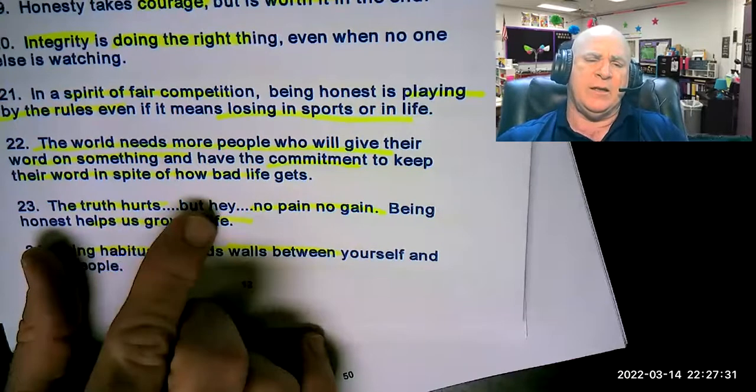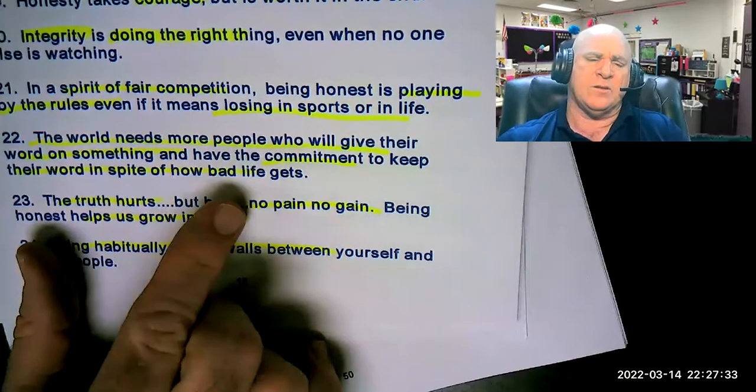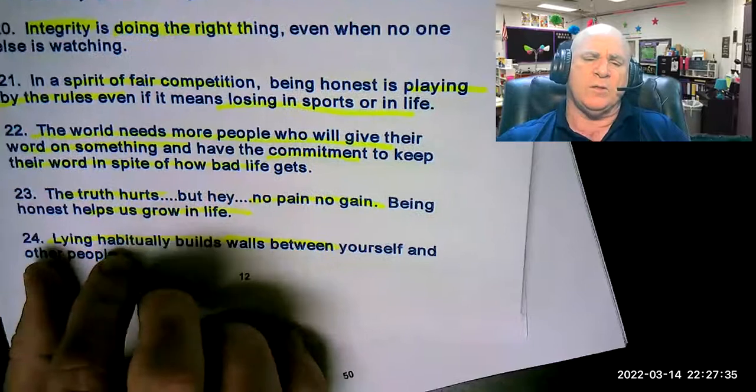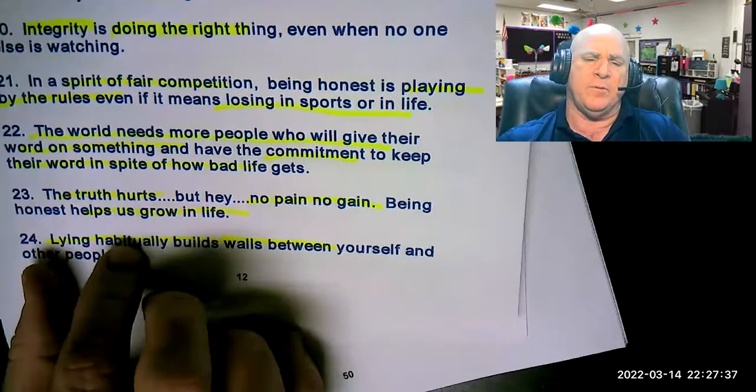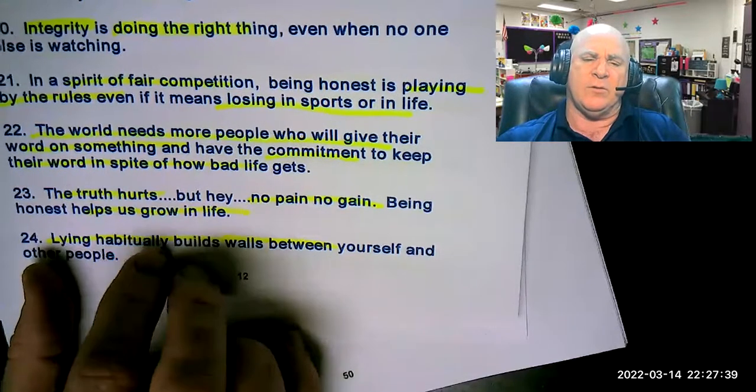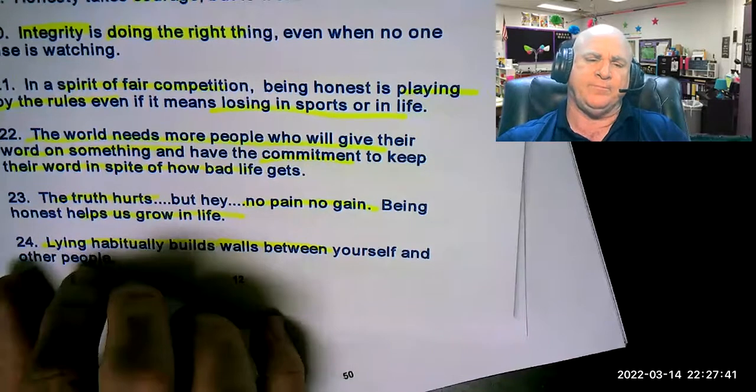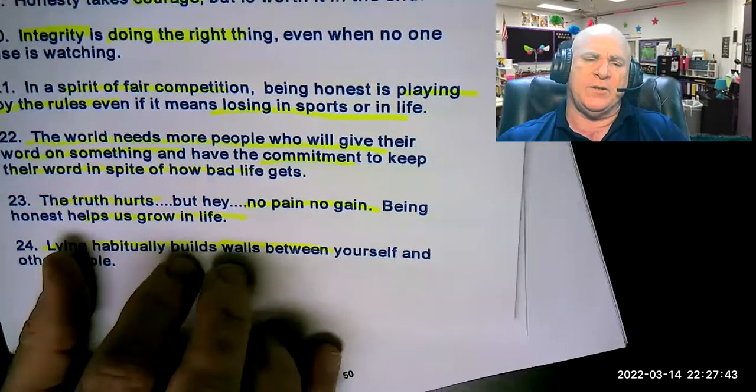Lying habitually, in other words, all the time, builds walls between yourself and other people. So there's no literal wall that's being built, but habitually.